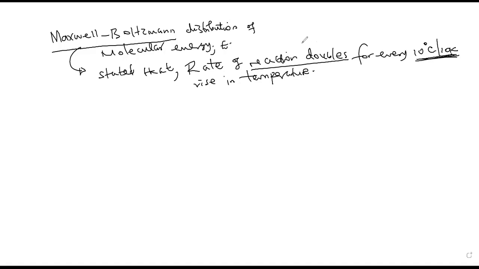And then they came up with a plot of the number of molecules that possess energy E against molecular energy. That is the plot that I want us to discuss. Then from there, we go to the relationship between the rate constant and temperature.